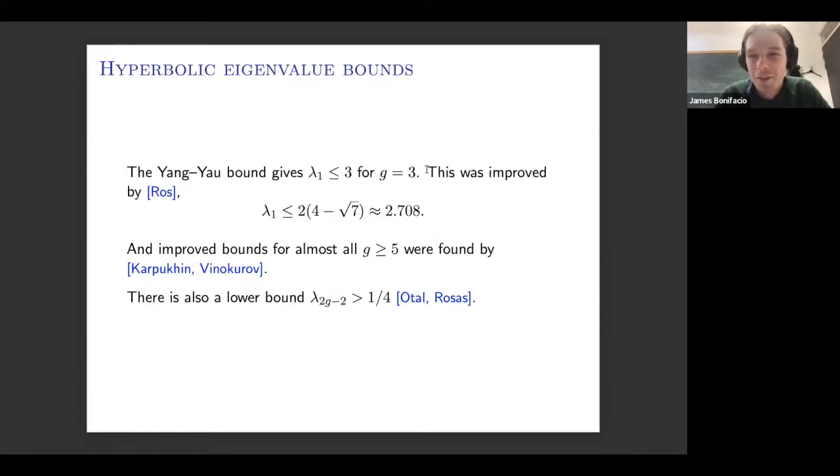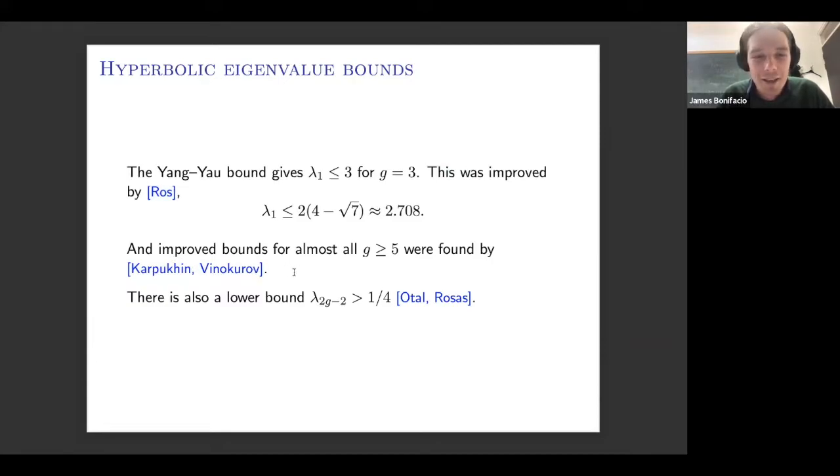Quite recently, this was improved in this paper by Antoine Ros, and he showed that in fact lambda1 must be less than or equal to this number, which is roughly 2.708. And then subsequently, improved bounds were found for almost all other genera in this paper by Karpukhin and Vinokurov.